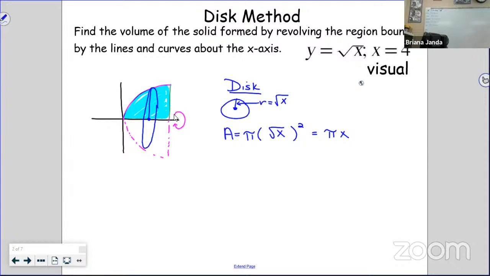Because that would be going from the axis of rotation to the edge of our circle. The edge of our circle is going to be bounded by that function, the square root of x. So it's going to be whatever your function is. Very similar to what we did yesterday.